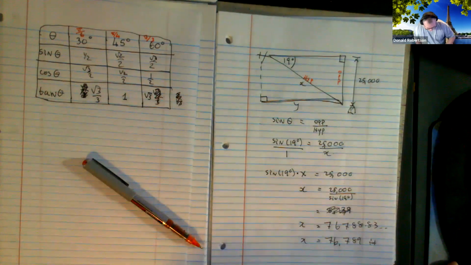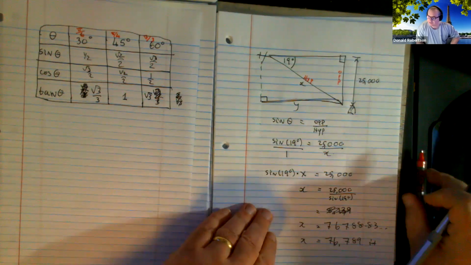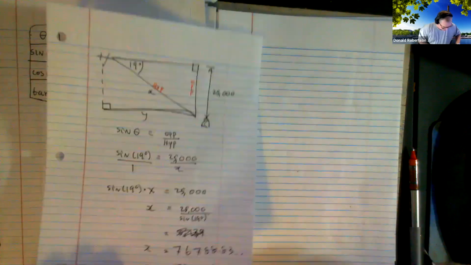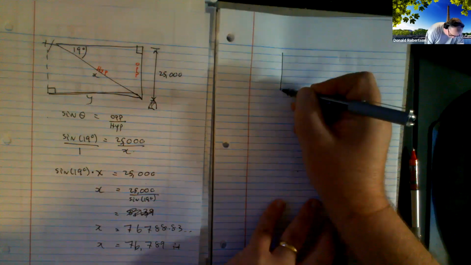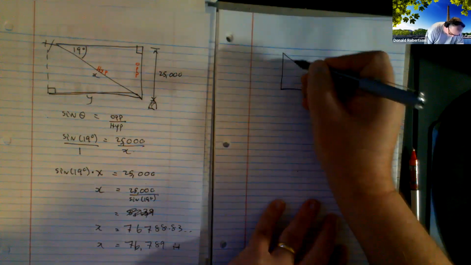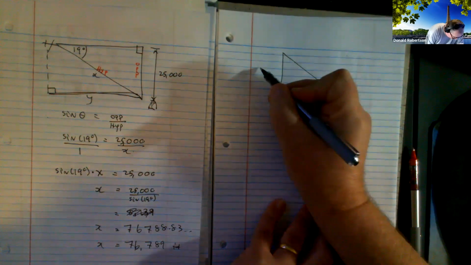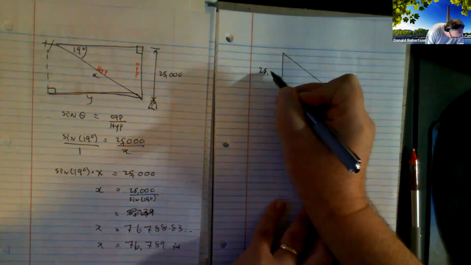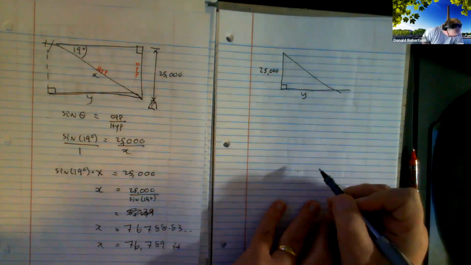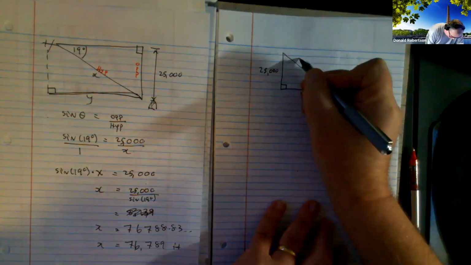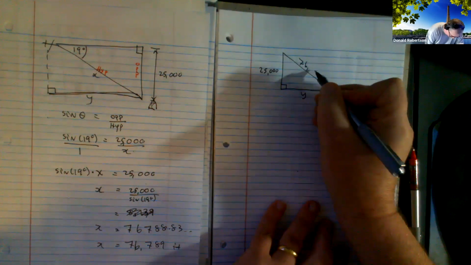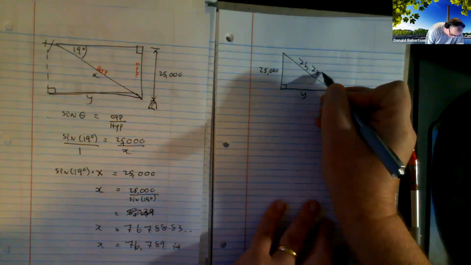So I need a right angle triangle, don't I? If I create a right angle triangle that looks like this, that will be Y. That's a right angle. This is 25,000. Oh, don't we know this guy? 76,789, right?